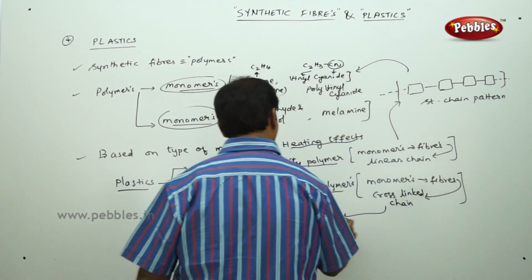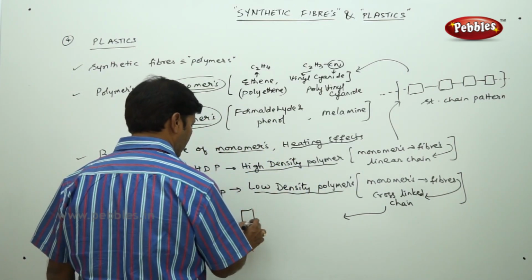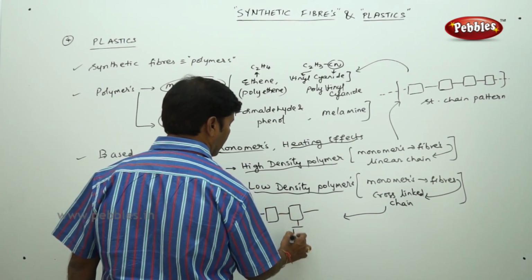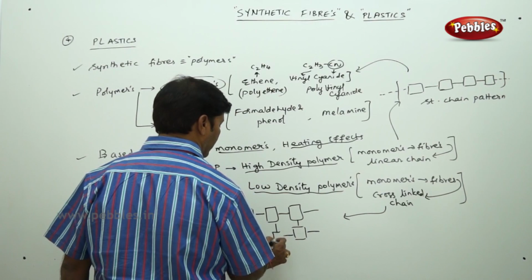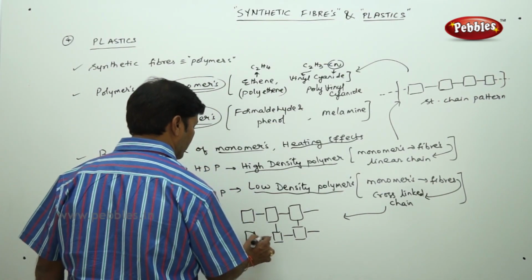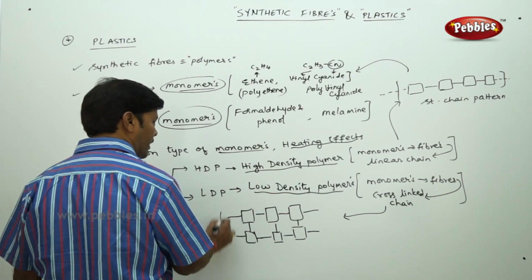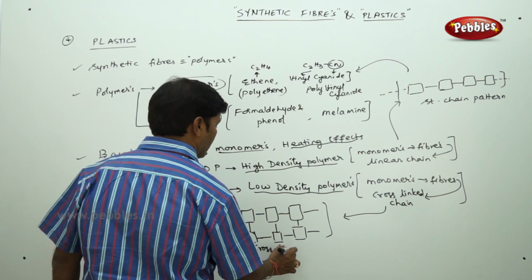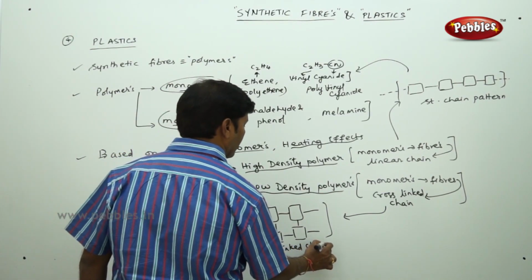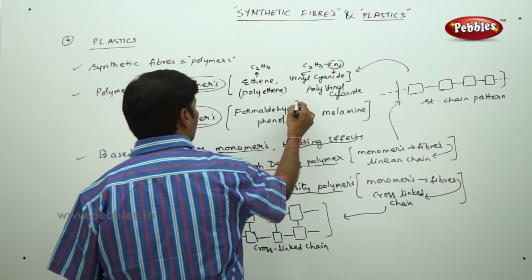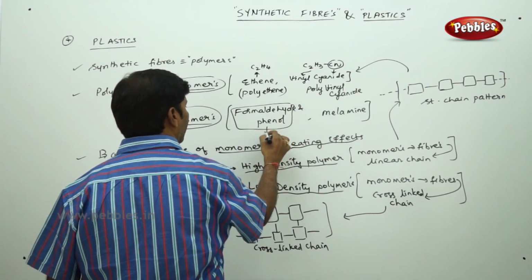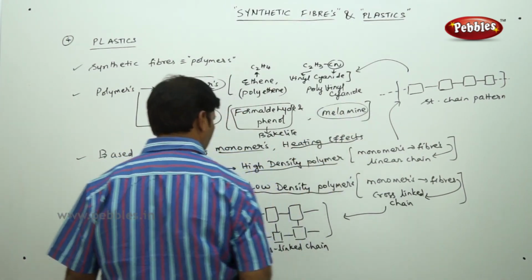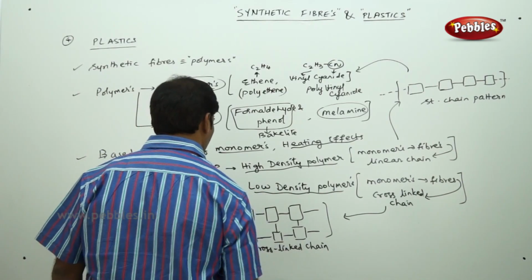The diagram shows more interlinks like this. The monomer units are linked with more than one branch. This is called a cross-linked chain. When you say cross-linked chain, you can use formaldehyde with phenol, which we call bakelite, and this is melamine. These are the best polymers in the form of low density polymers.